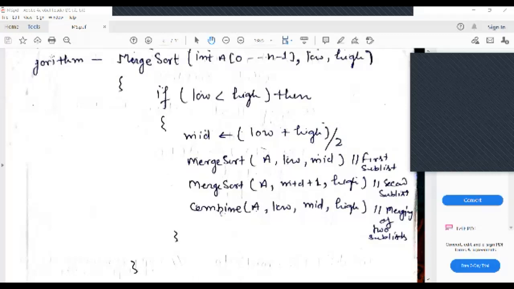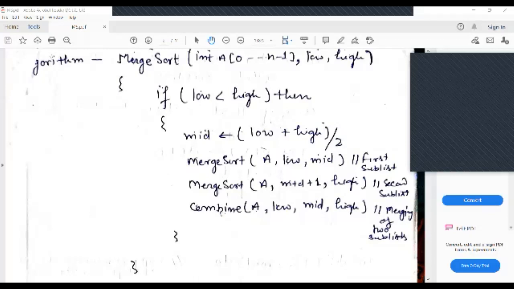After the mid has been calculated, merge sort is called for both halves, and this combine step is the important step, which does the actual sorting, combining the elements from low to high.